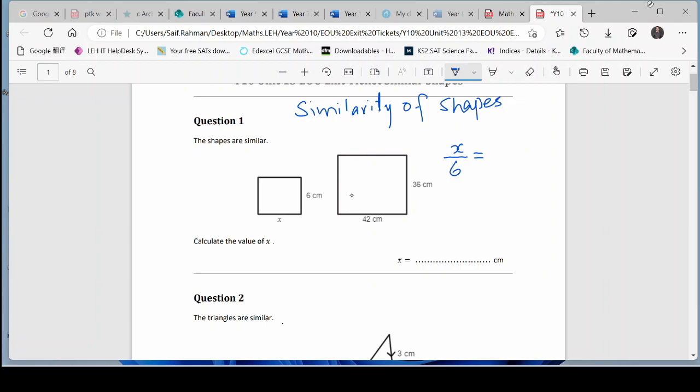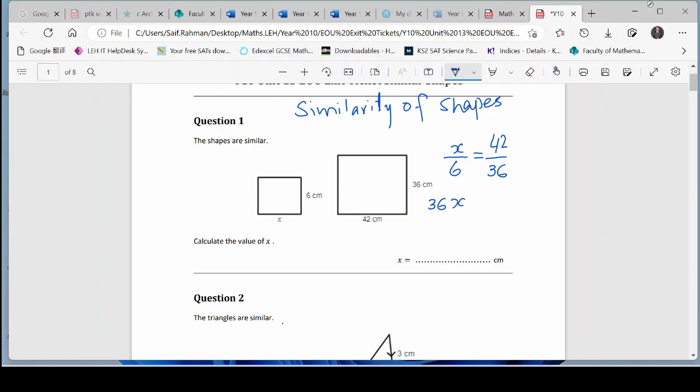So x is equal to 42 and 6 is equal to 36. So we have to take the same sides, 42 divided by 36, and then we can use the cross multiplication rule in which diagonally the numbers multiply with each other.